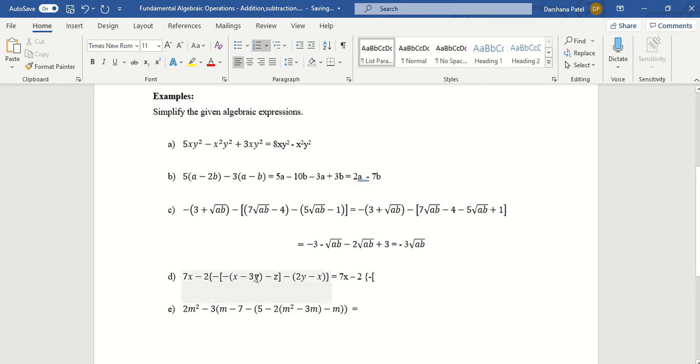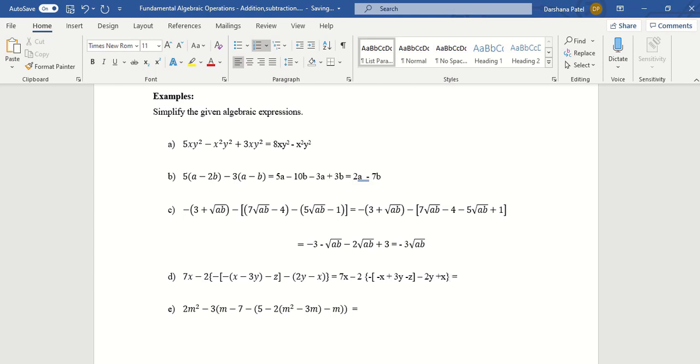And now to get rid of the round bracket, this negative right here, the one which is highlighted, will apply inside the bracket to give us negative x plus 3y minus z, the square bracket complete, minus 2y plus x. Again this negative right here will apply to everything inside the second bracket, and this is what we get, and square curly bracket complete.